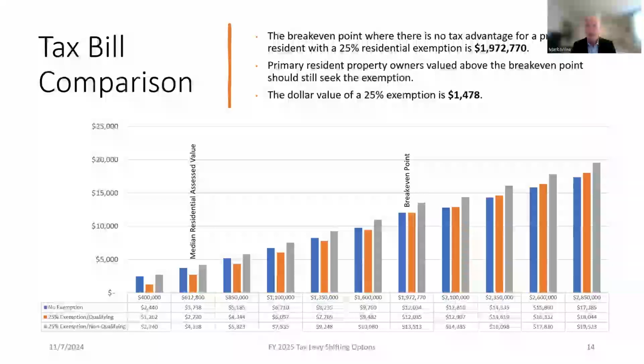So at that point, a qualifying property would pay the same amount of taxes under a 25% residential exemption that they would if there was no residential exemption.